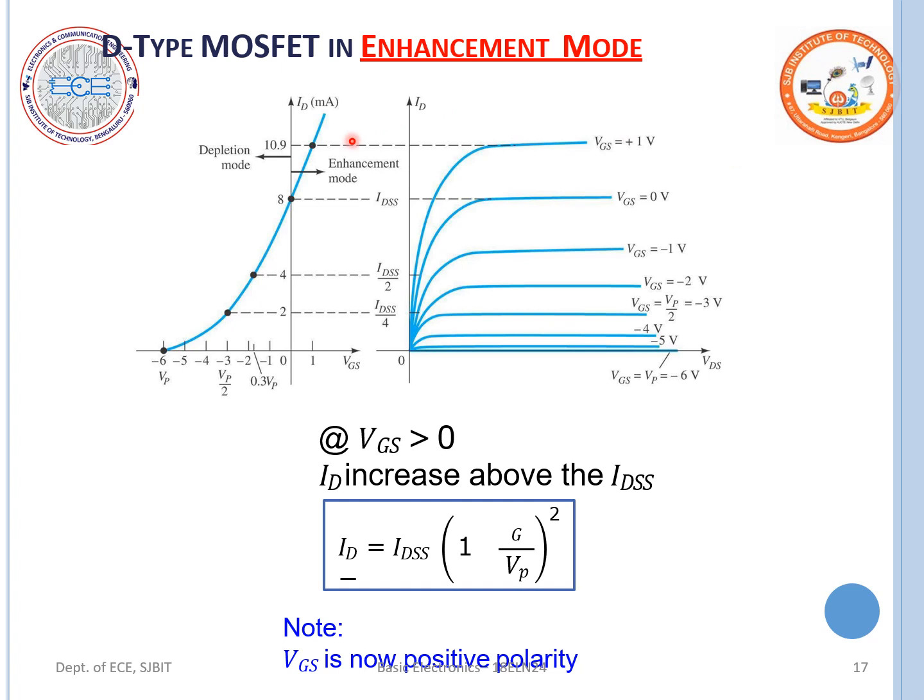Now, when we go for the enhancement type, as already discussed, as and when I make the VGS positive, my depletion mode D-type MOSFET can be used as an enhancement type, when we make our VGS positive polarity.